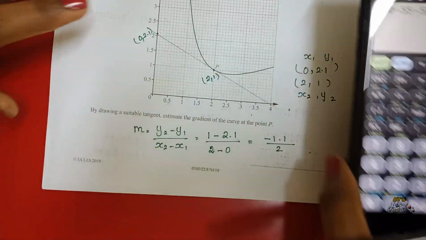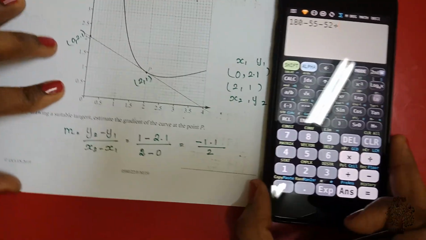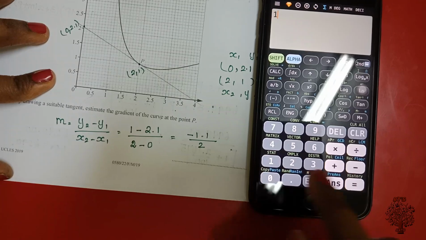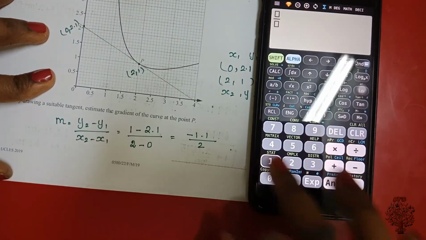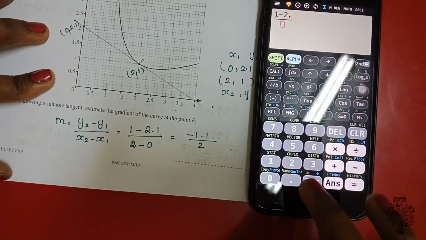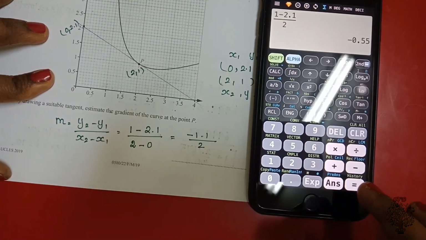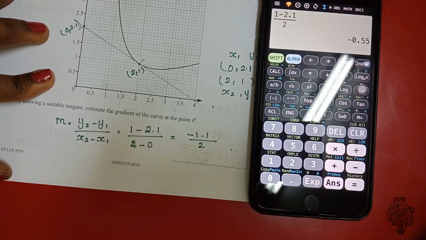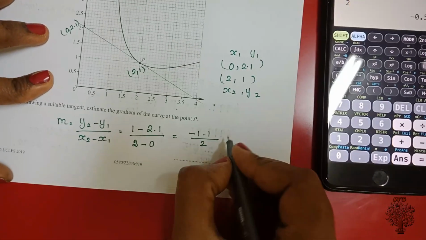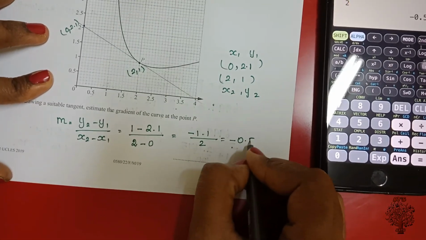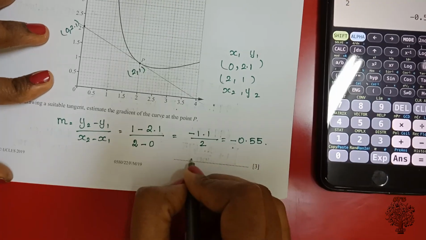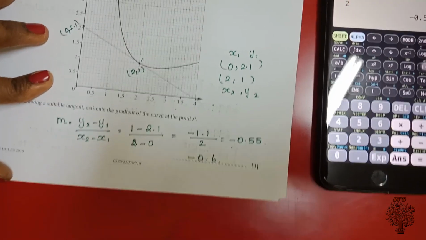We will be taking our calculator. Again, you can do it directly. You don't need to repeat all this. You can take the fraction part: 1 minus 2.1 divided by 2 minus 0, which is the same 2. We will be having here negative 0.55. I can write it as negative 0.6.